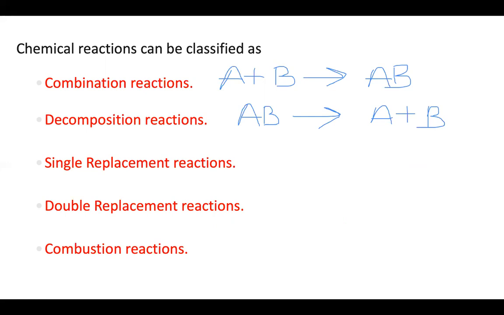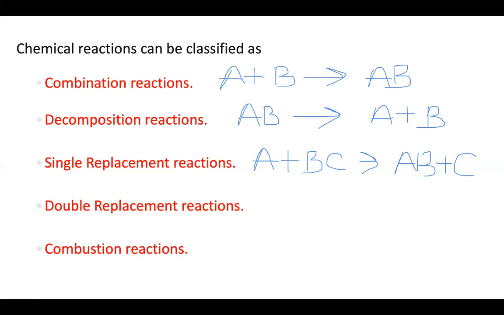Then we have single replacement reactions. In this case, we are going to be switching the place of one of the reactants in order to be with the other product, okay? If we write it as a formula, we have A plus BC. After the reaction takes place, B will go with A. We're going to have AB plus C, okay?